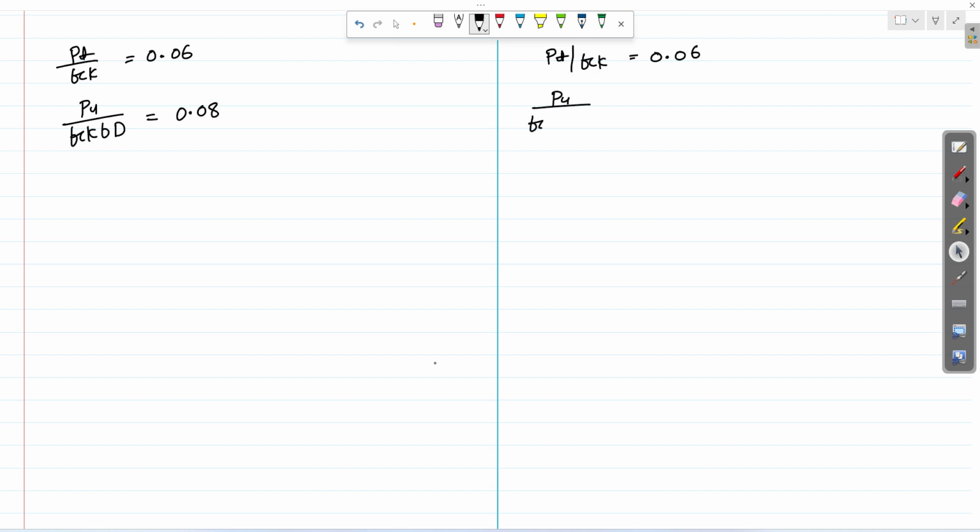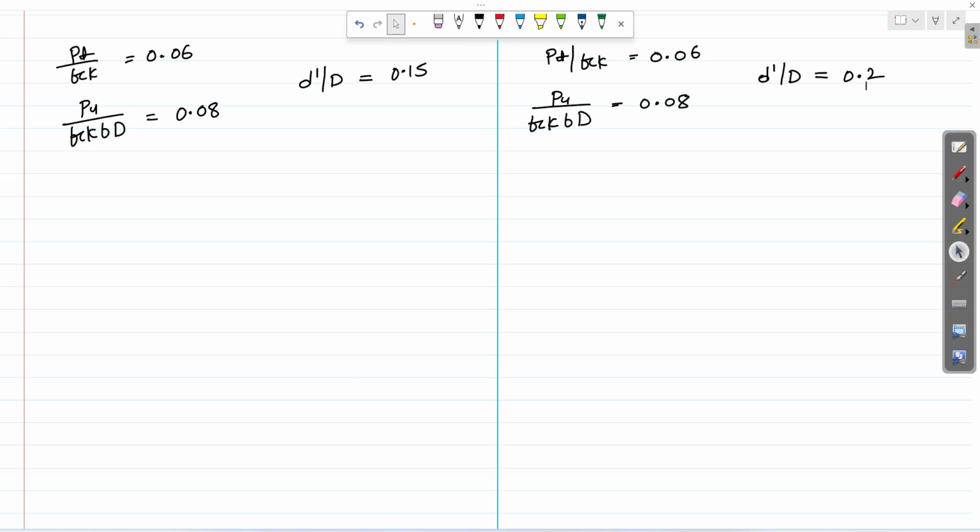PU divided by FCK BD, 0.08. And D dash by D 0.15. So here it is D dash by D 0.2.